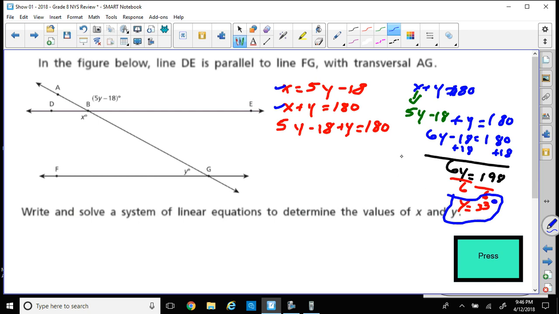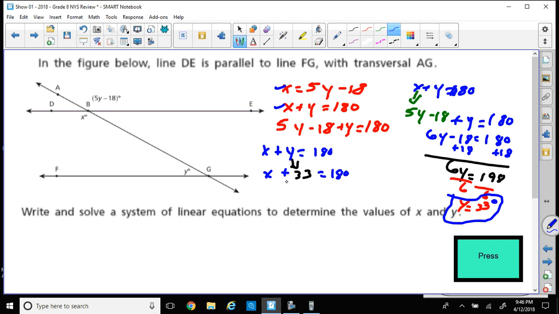Now all I need is x. So I can now go back to this equation right here, where I have x plus y equals 180, and solve that for x. I know that y already is 33, so x should be easy to find. What number plus 33 equals 180?